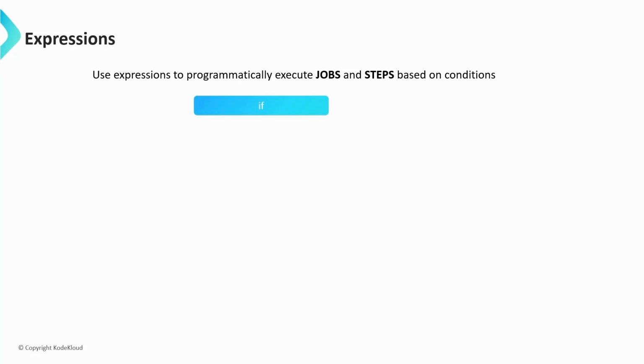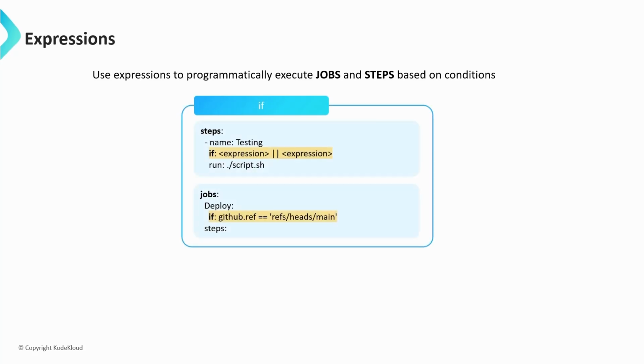The if condition allows you to control whether a particular step or a job should proceed based on a defined condition. The if condition is typically used within a job or a step configuration to determine its execution. An expression can be any combination of literal values, references to a context, or functions. We'll also talk about functions at a later point.